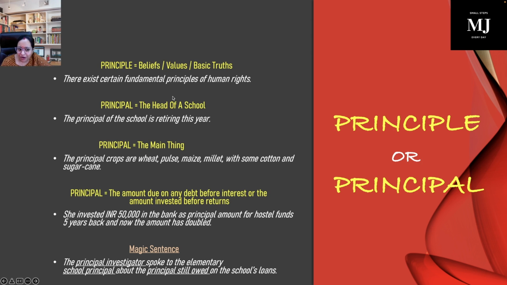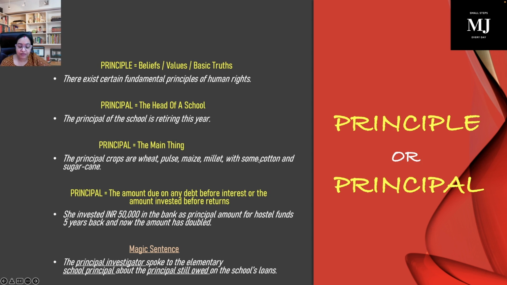If you remember the collocation video, you will understand now that this fundamental principle is actually a collocation. We always use these words together, right? So there exist certain fundamental principles of human rights, and these principles are nothing but values. It's about basic truths, it's about core tenets. So this is the LE principle.